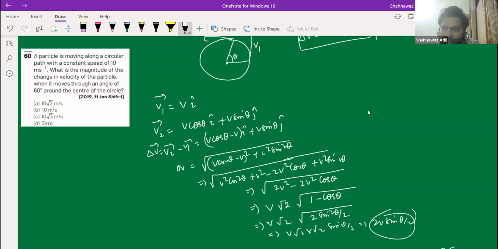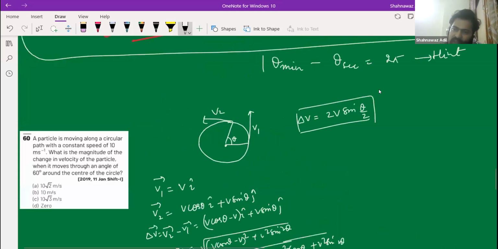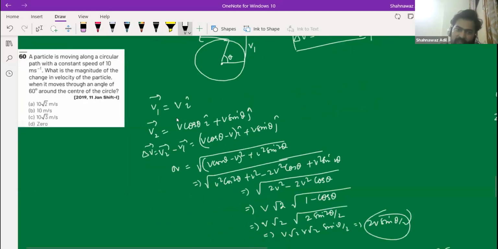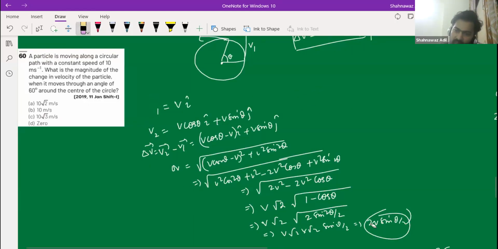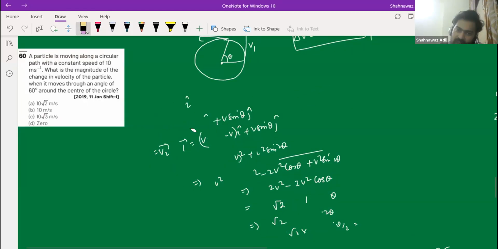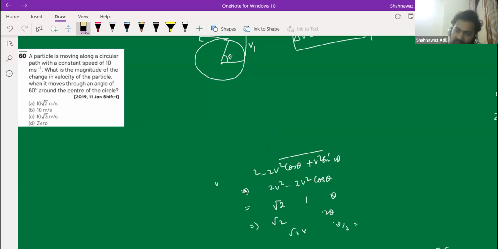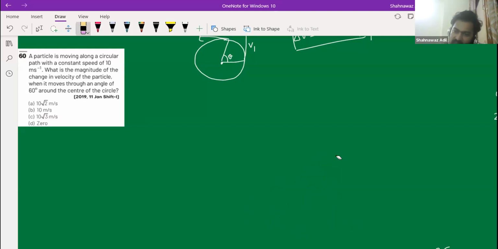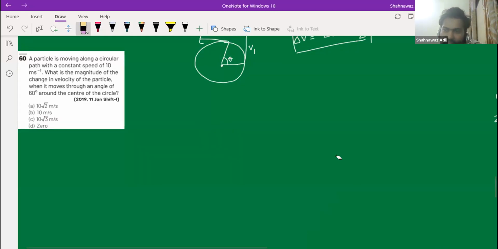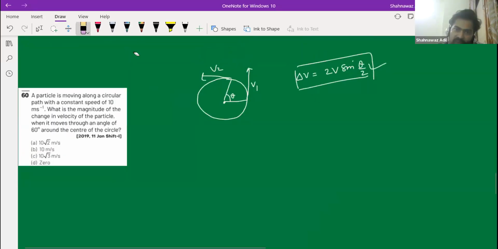Okay, so you guys have to remember this thing, right? Forget about derivations. You have to just remember what the change in velocity is. Whenever you have these kinds of questions, you have to just remember what the change in velocity is.